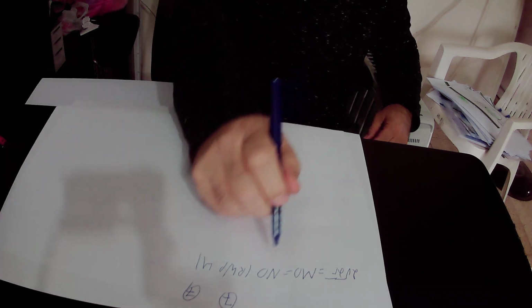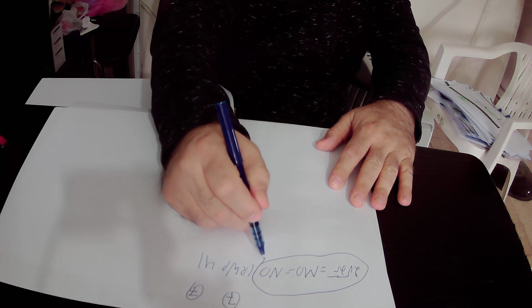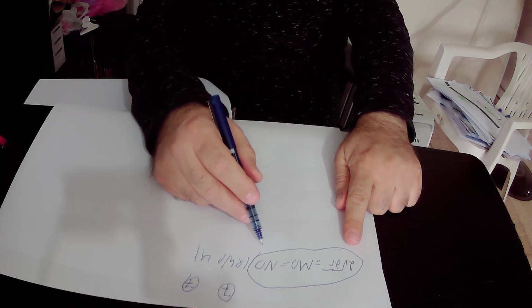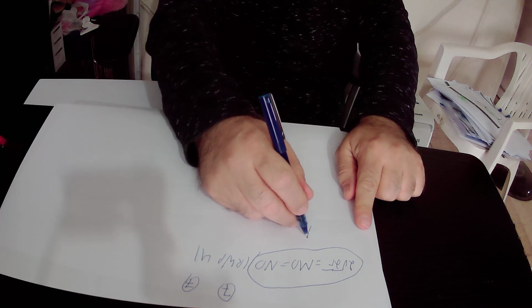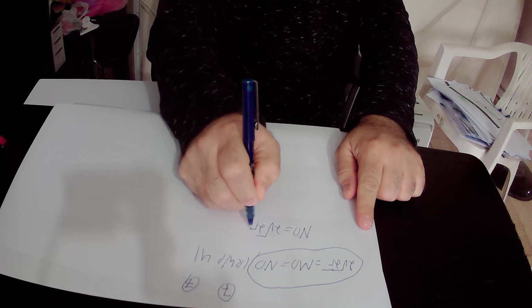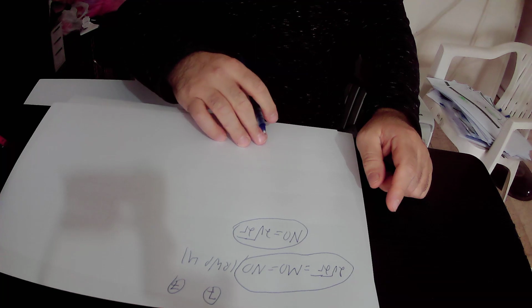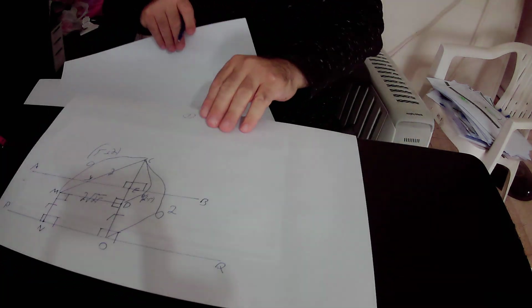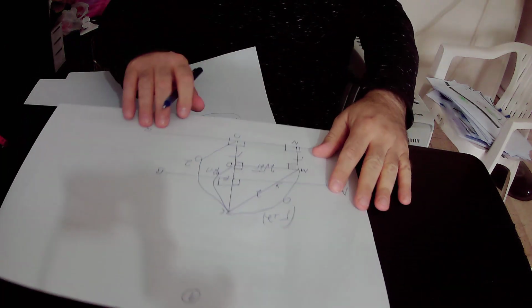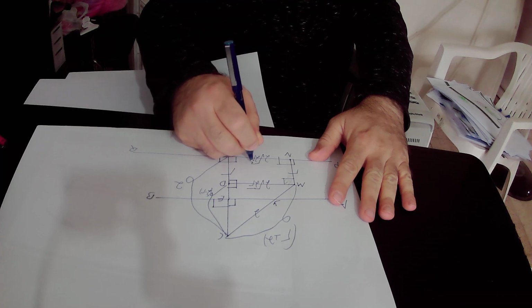So from this equality, we will derive that NO also equals 2 times the square root of 2R. So here we can write that NO also equals 2 times the square root of 2R. Okay?